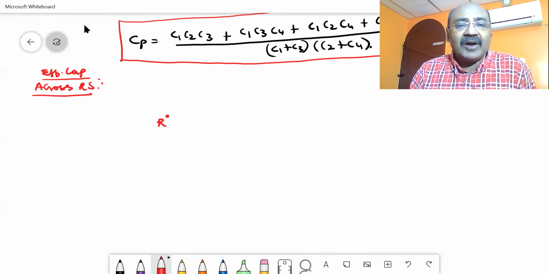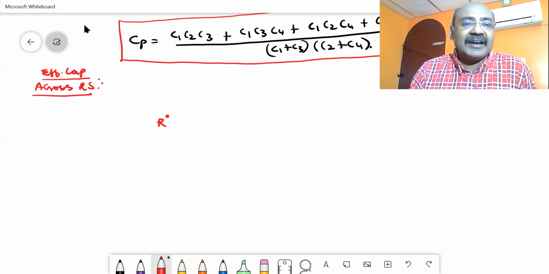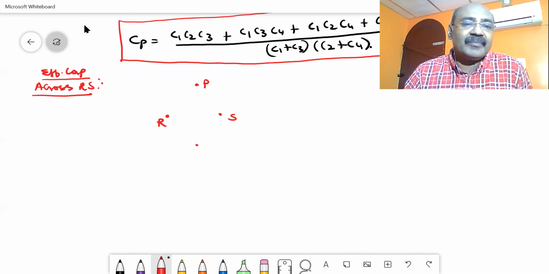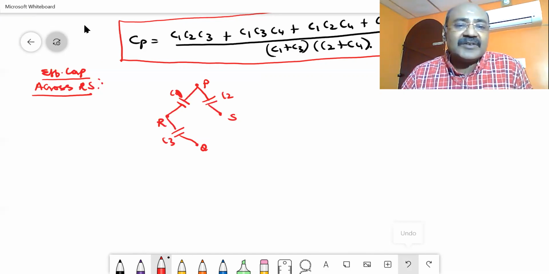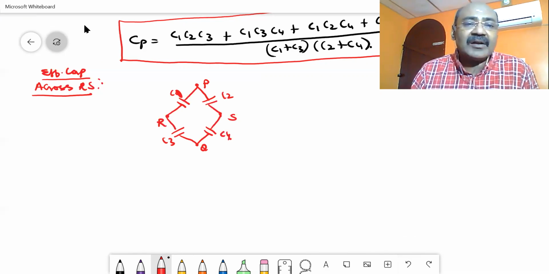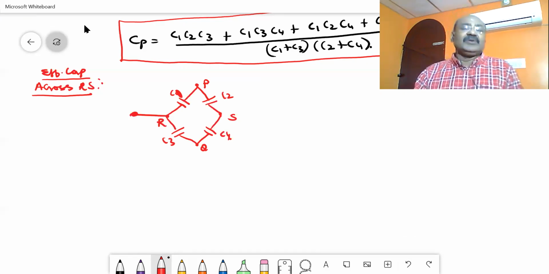Here you are having R, here you are having S, here you are having P, here you are having Q. So across this you are having C1, this is C2, and across this given as C3, and across this is given as C4. Now across R and S, you have to get the resultant.